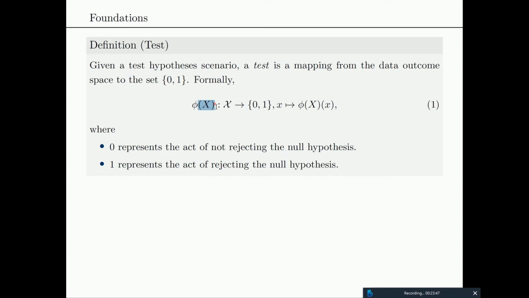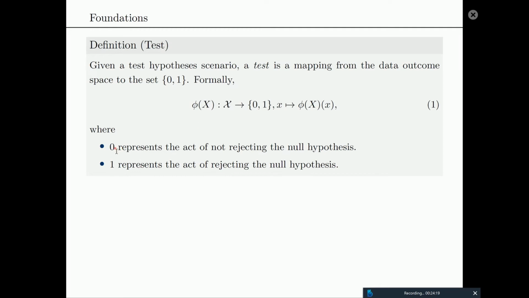The important thing that I'm trying to stress here is that phi is a function of a random variable, but for a concrete scenario, phi only maps a data sample, a realization of the data, to 0 and 1. If you think about doing a t-test, you compute a t-value based on some data, and then you reject the null hypothesis or you don't reject the null hypothesis.